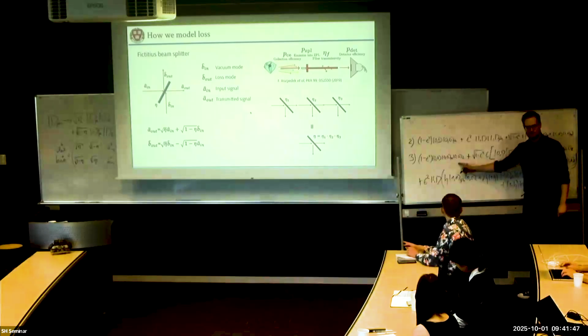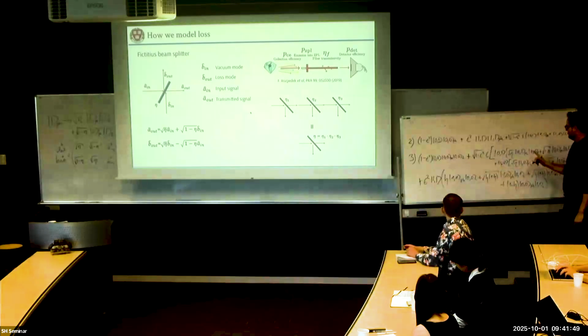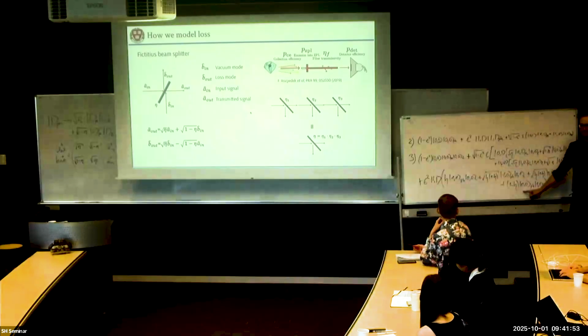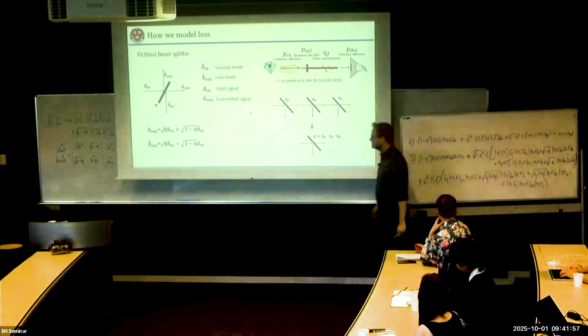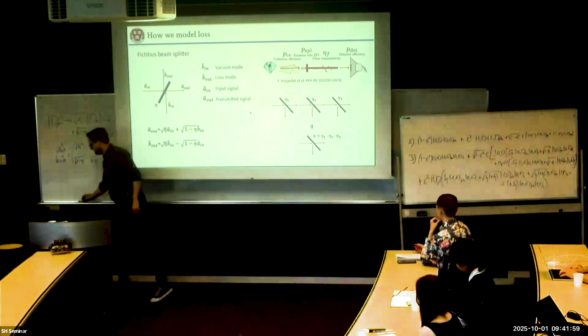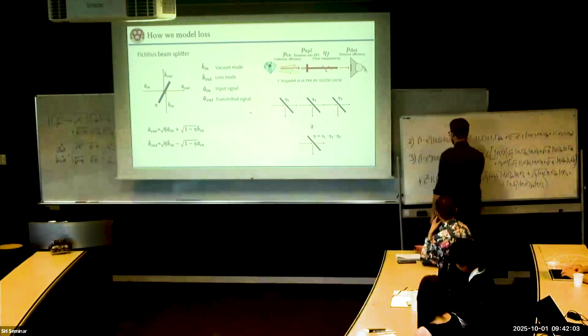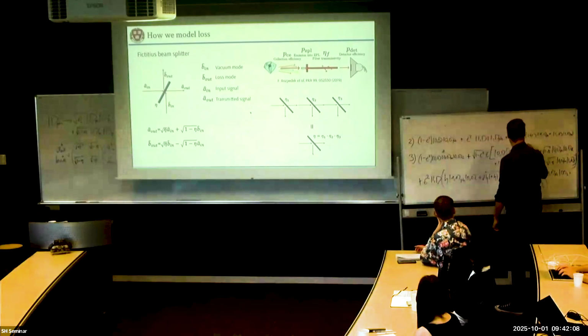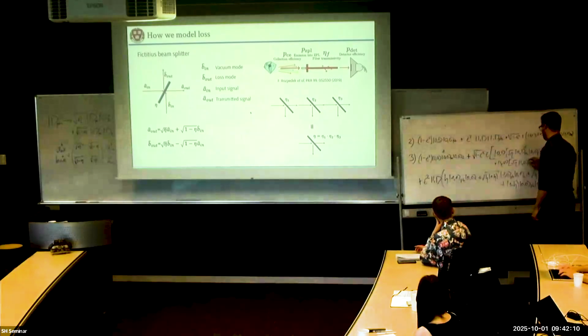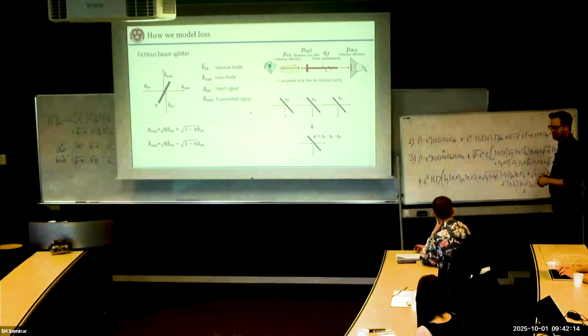So this has vacuum, this has vacuum, this has vacuum, and this is vacuum. Let's see, do we have another color pen? Actually, yes, a green one here. So when I trace over the vacuum, I'm going to get coherence between this term, this term, this term, and that term, right?